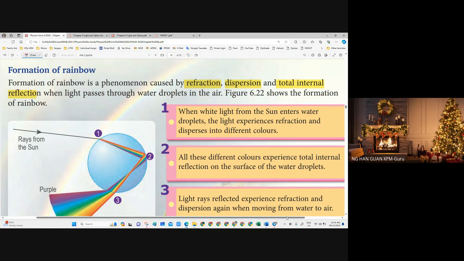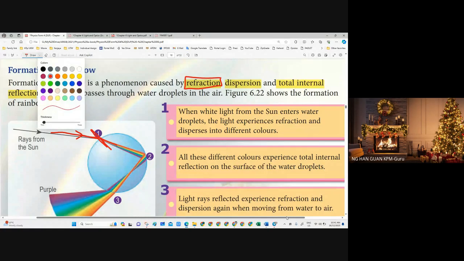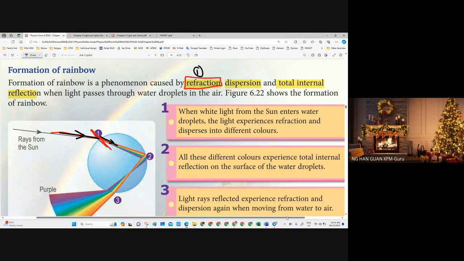The first phenomenon is the moment when the sun ray from the air enters the water droplet. When the light ray enters the water droplet, here's the normal line, it will bend towards the normal. This is the first phenomenon.